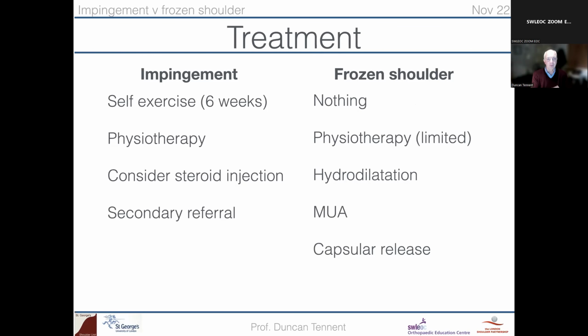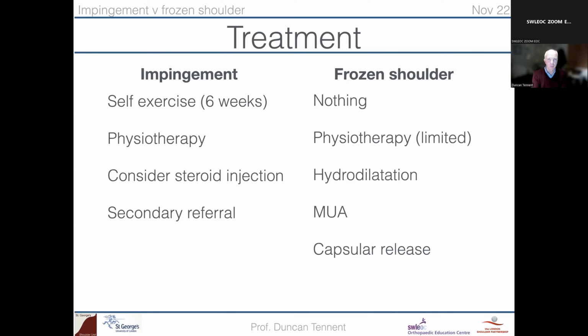And then you get to the treatment. So when you look at impingement, there are self-exercises, and all the guidelines say that if somebody turns up with impingement, you send them off to do their own exercises for 6 weeks. And the British Elbow and Shoulder Society have agreed with the Royal College of GPs, Royal College of Surgeons, and various other bodies that this is what you do.